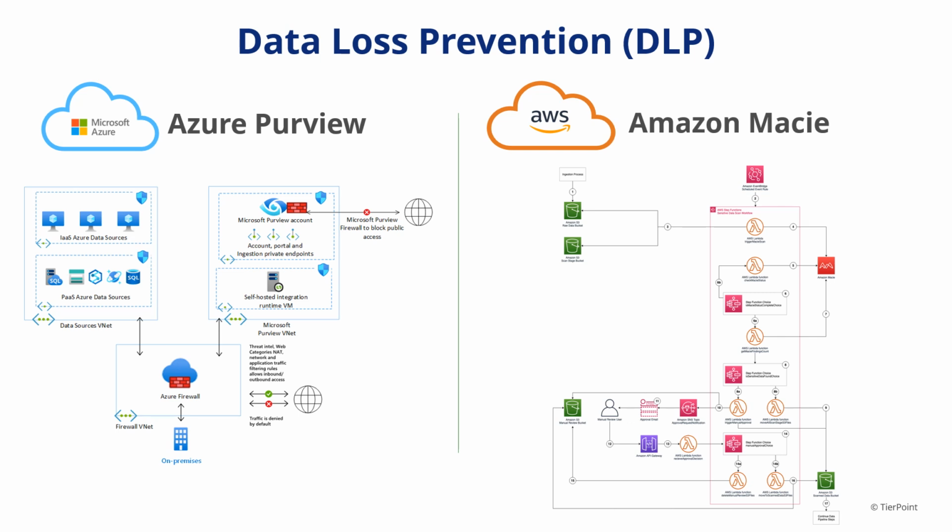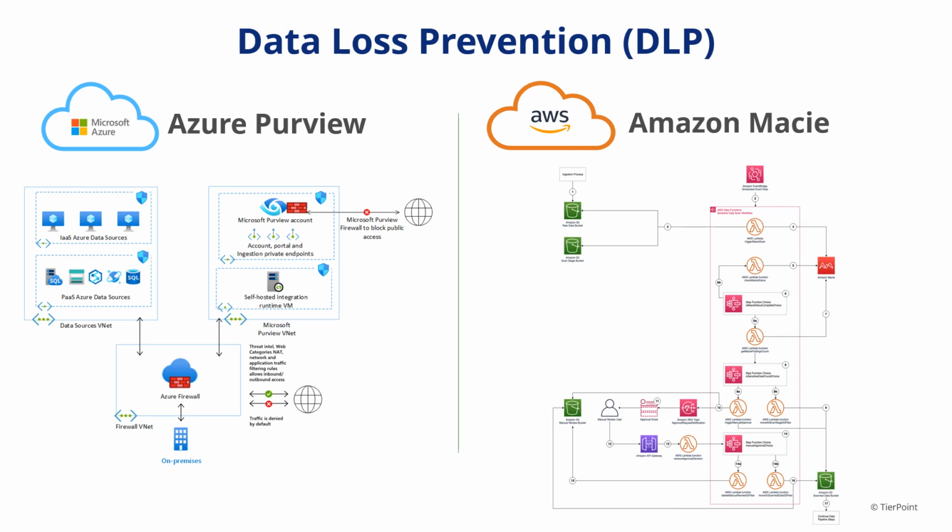It uses advanced pattern matching and machine learning to identify over 200 predefined sensitive data types, from credit card numbers to healthcare records. On the AWS side, Amazon Macie serves as the primary DLP service, using machine learning to automatically discover, classify, and protect sensitive data.